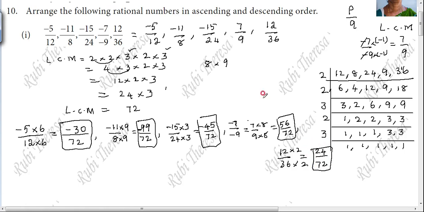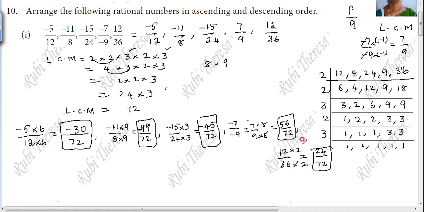Understand? Ascending means what? Very good. What is it? Smaller to higher. Do you follow? It goes from smaller to bigger number. So you have to see what are the smaller ones.